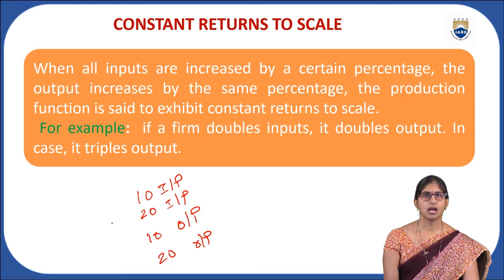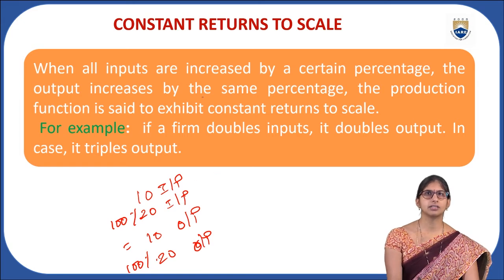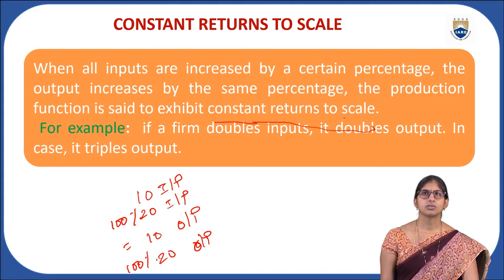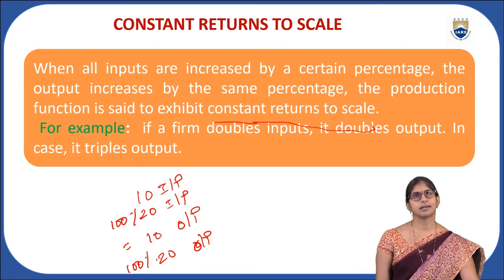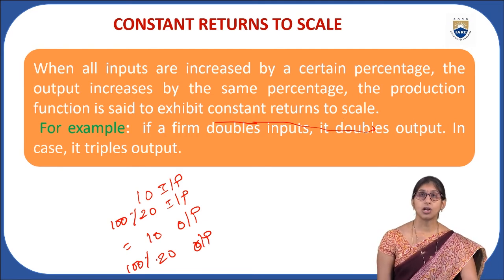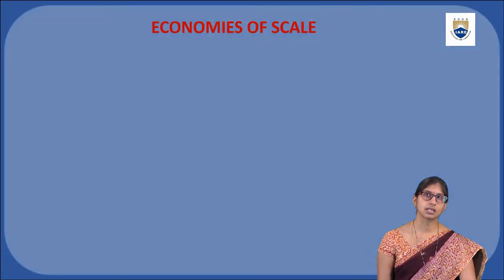So a 100% increase in input and a 100% increase in output. Both are equal here. Then we say it is constant returns to scale. This is the law of returns to scale.